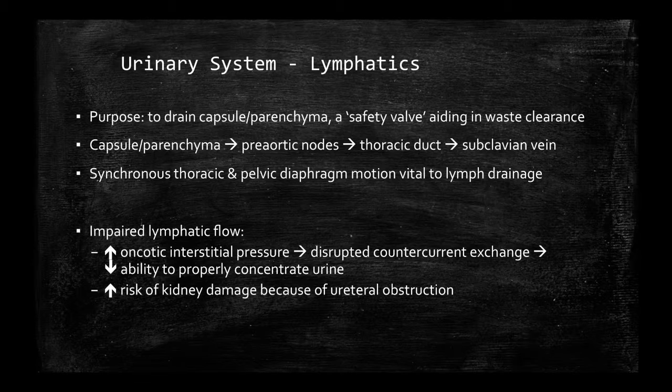And really, synchronous thoracic and pelvic diaphragm motion is quite vital to lymphatic drainage. Impaired lymphatic flow results in increased oncotic interstitial pressure and disrupts the countercurrent exchange, resulting in the inability to properly concentrate urine. You also risk increased kidney damage because of obstruction from the ureters.